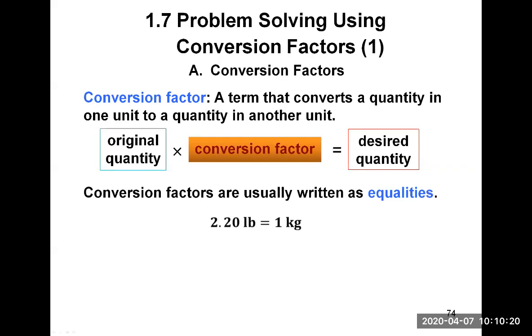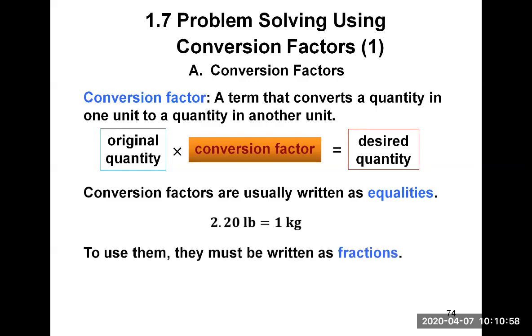Let's divide both sides of this equality by 1 kilogram. On the left side we get 2.20 pounds over 1 kilogram, and on the right side we have 1 kilogram over 1 kilogram, which is equal to 1 because it's the same thing in the numerator and the denominator. So 2.20 pounds over 1 kilogram is equal to 1.